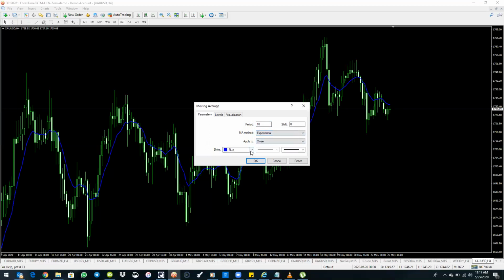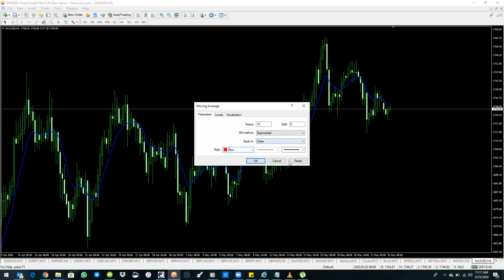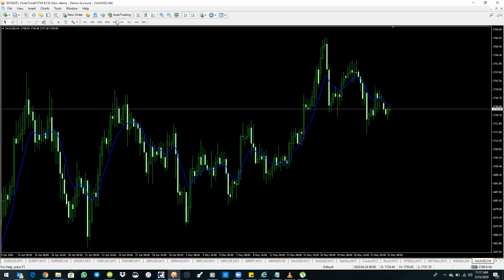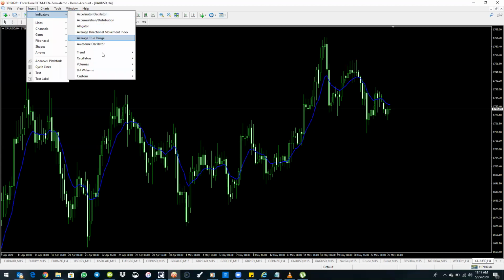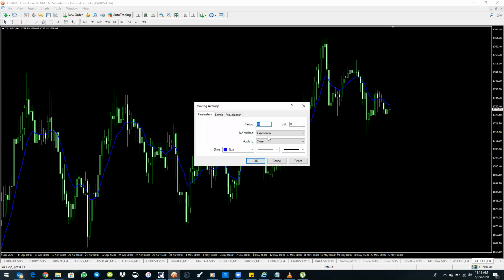Method is exponential. Let's look at the difference between the 10-period exponential moving average and the 10-period simple. Let me introduce another moving average here, 10-period.